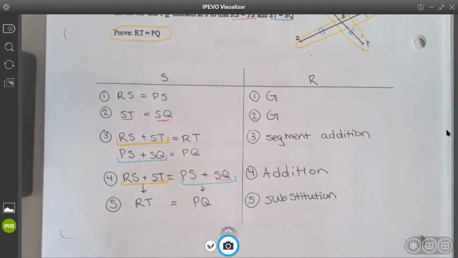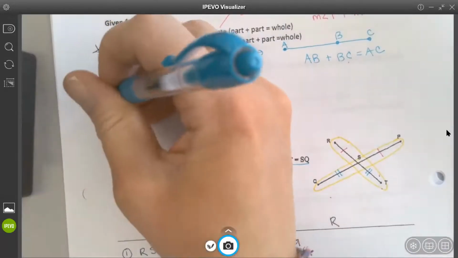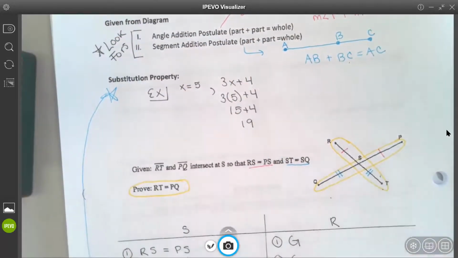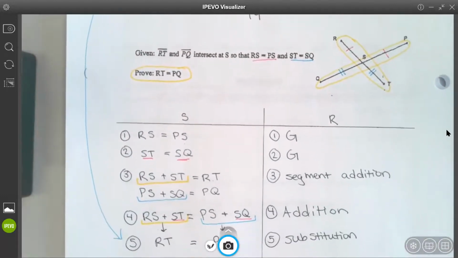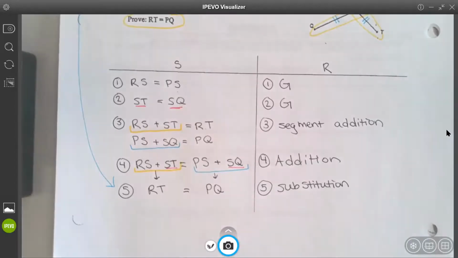So what we may want to do is go back up to substitution property, put a little star, and put it down to that last piece, just as an example in a geometry proof of where you see substitution being used. We're going to use it again in the next proof anyway.